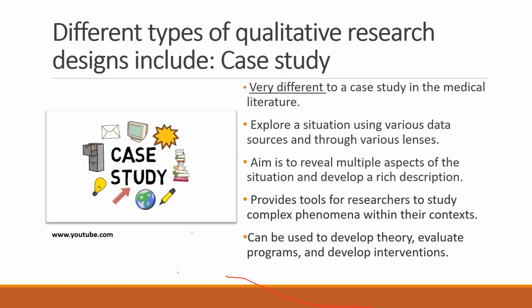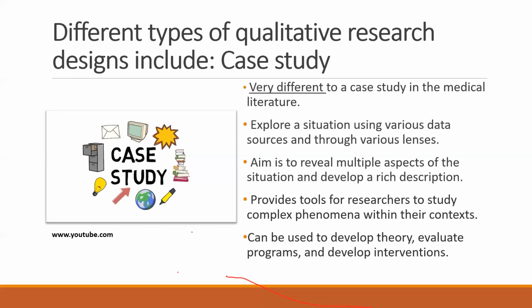In qualitative research, with a case study, you look at a situation using various sources and through various lenses. So you look at a situation through multiple perspectives, which is really different to one case study. The aim is to reveal multiple aspects of the situation and develop a rich description.